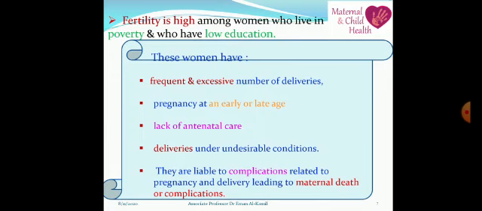When they marry early, they will have a pregnancy, and this is called teenage pregnancy, which is regarded as one of the causes of what is called high risk pregnancy.